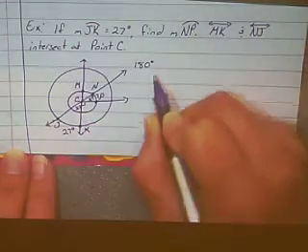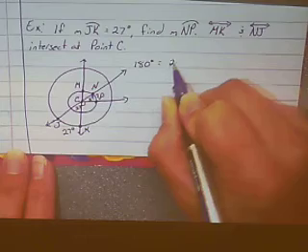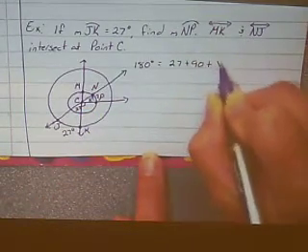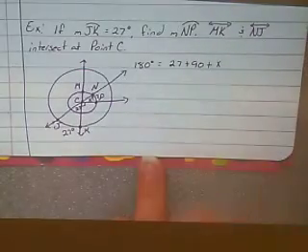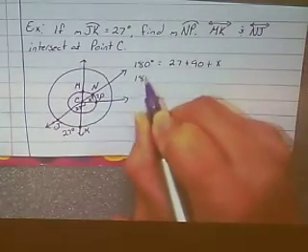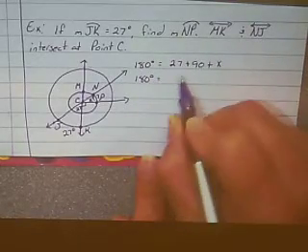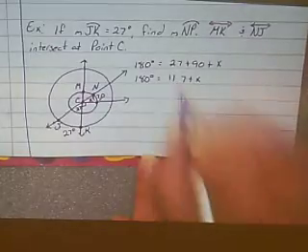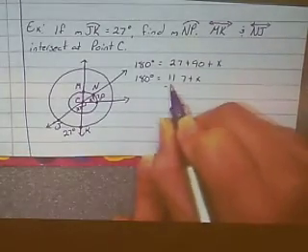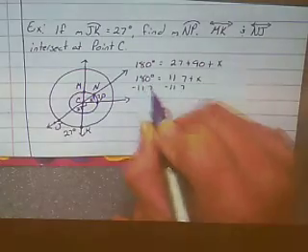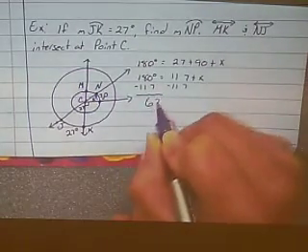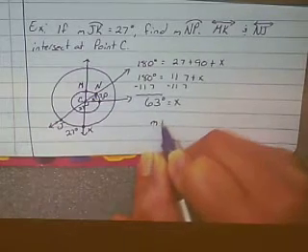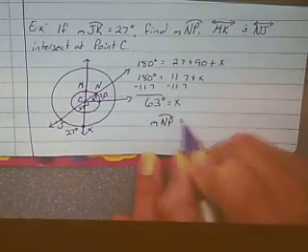So we can add 27 plus this 90 degrees plus our missing angle to get 180. We will then subtract our 117 from 180, and we will get 63 degrees. So the measure of arc NP is 63 degrees.